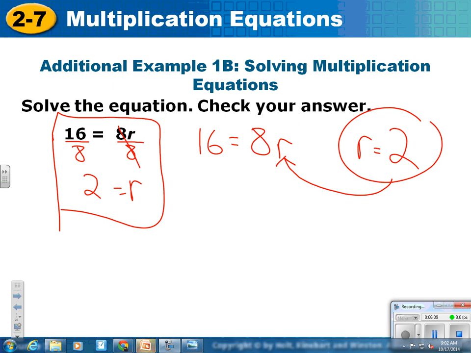Does 8 times 2 equal 16? Okay, because then you'll have 16 on this side equals 16. Is that a true statement? Okay. If for some reason you came up with R equals 3 and you plug 3 in for R, all of a sudden you'll have this side equals 24. 16 does not equal 24. That is not correct. So you would know that this 3 is incorrect. You understand? Okay.